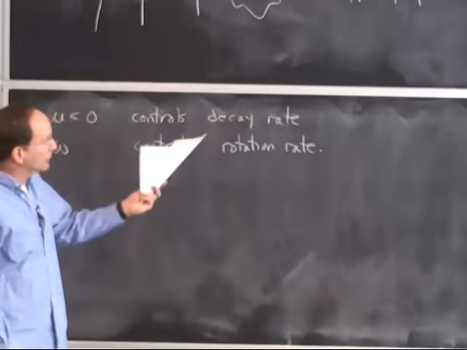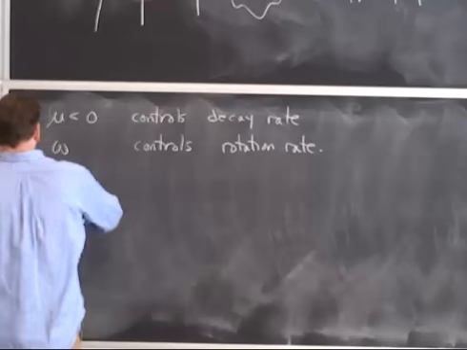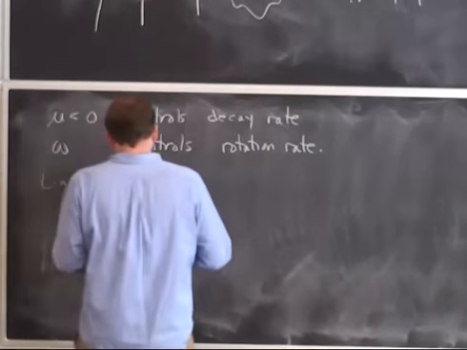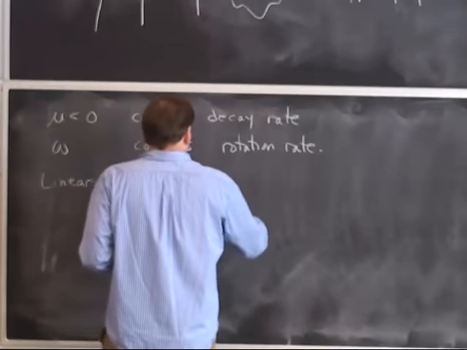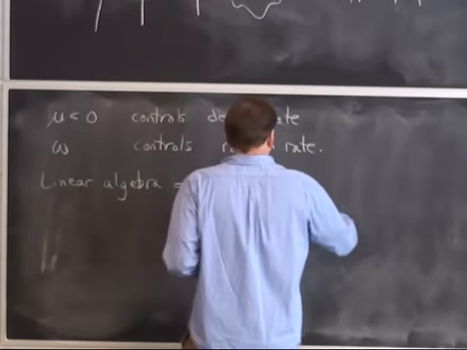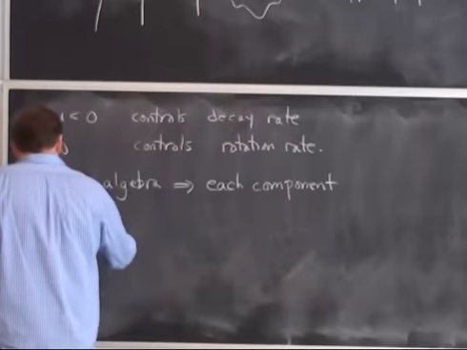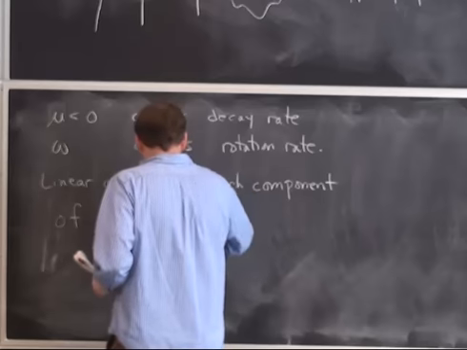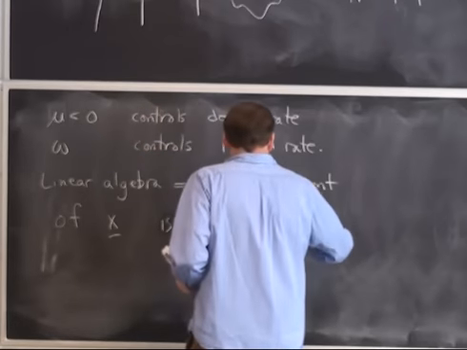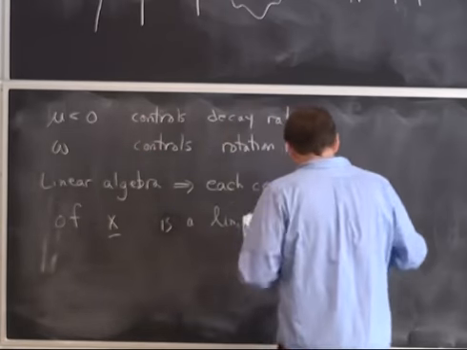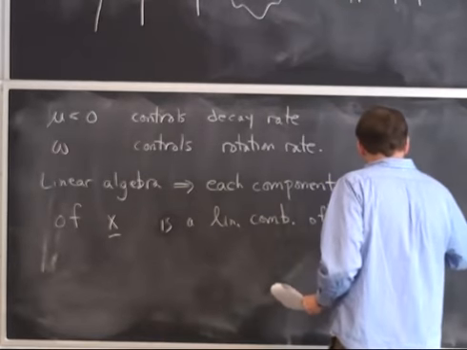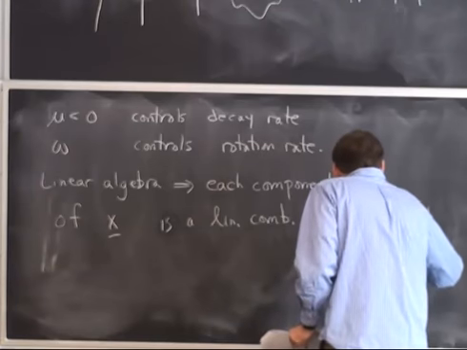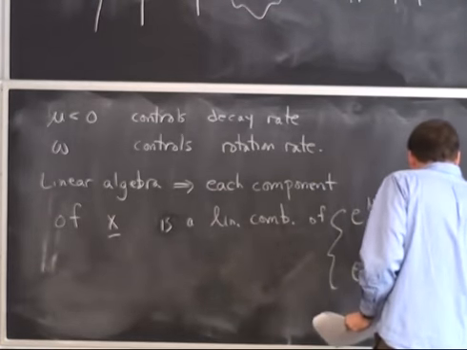If you want to write out the solutions for x of t, linear algebra can show that each component of the vector x is a linear combination of things that look like e to the mu t cosine omega t and e to the mu t sine omega t.